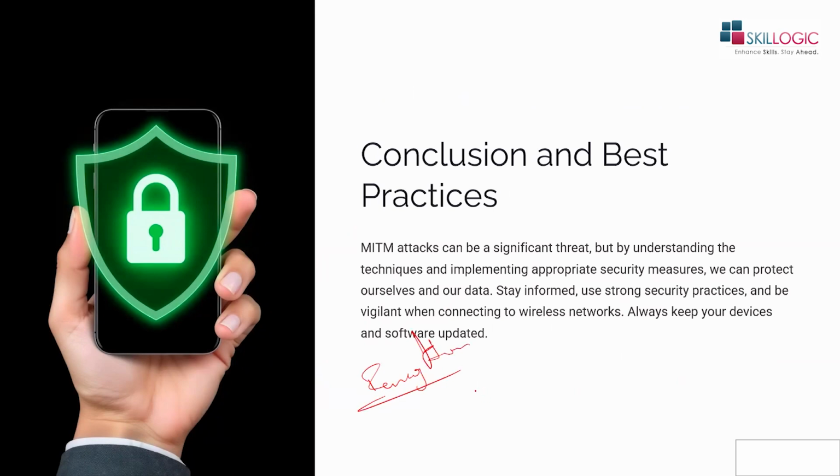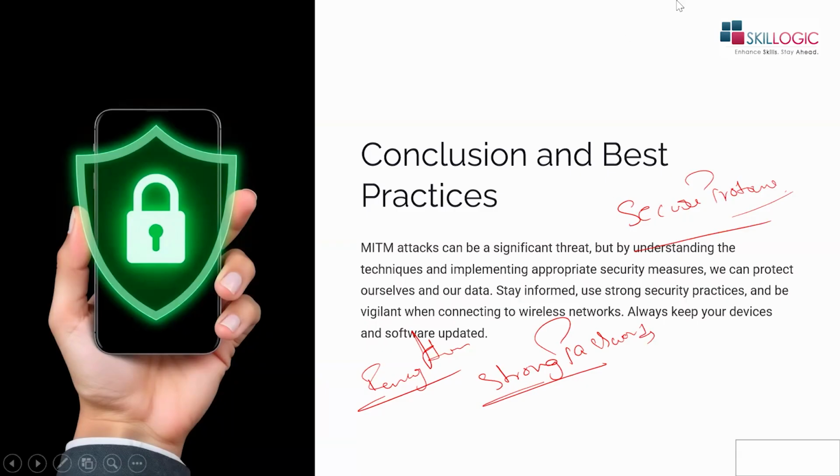And we have to use strong passwords and secure protocols. These are the main things against MITM attacks. If you are aware of all these things, you can stop MITM attacks. So this is what MITM attacks in networks are about.